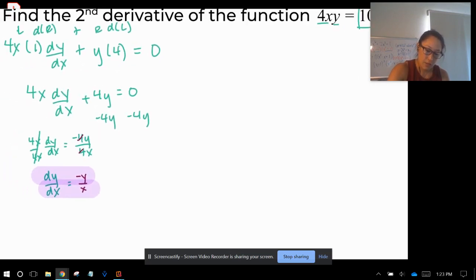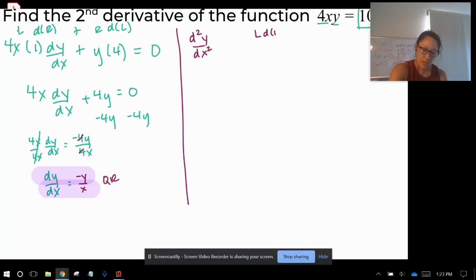We are going to now take our second derivative. So d squared y over dx squared. And I see here I have a quotient rule. So I'm going to use the rule low d high minus high d low over low squared.